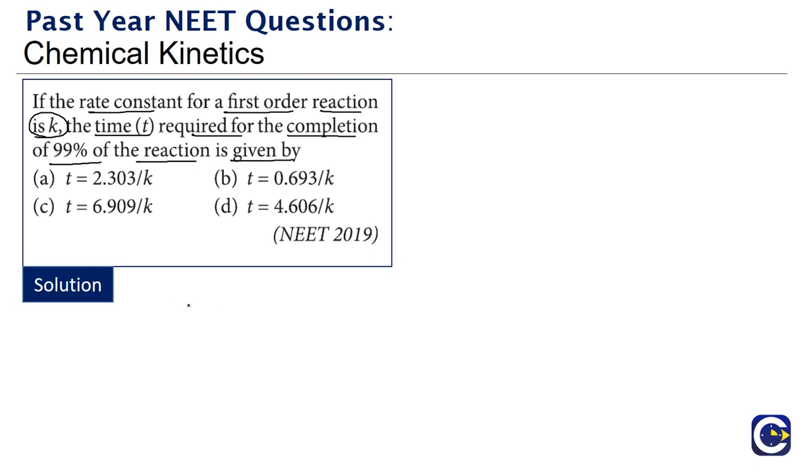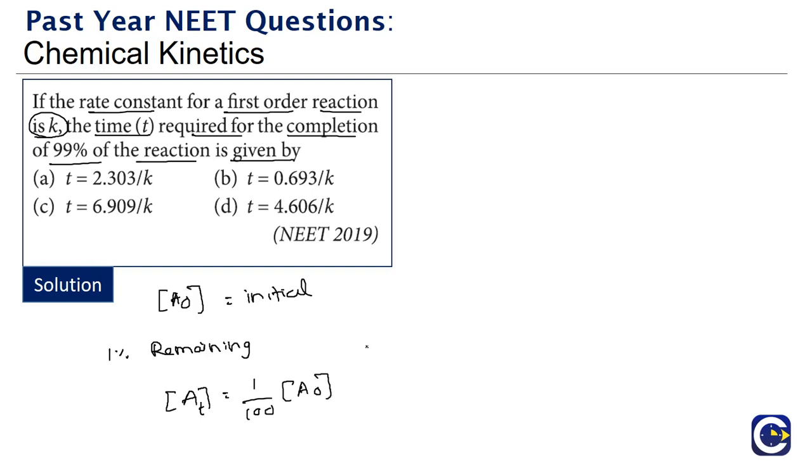If A0 is the initial concentration, then 99% completed means 1% will remain. So the concentration at the particular time t will be equal to 1 by 100 into A0.